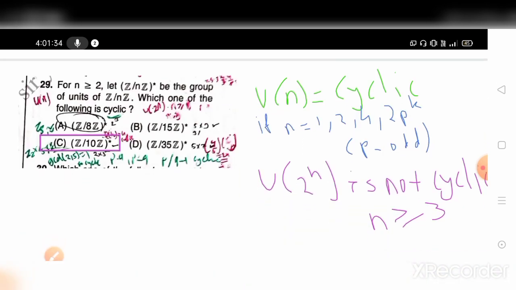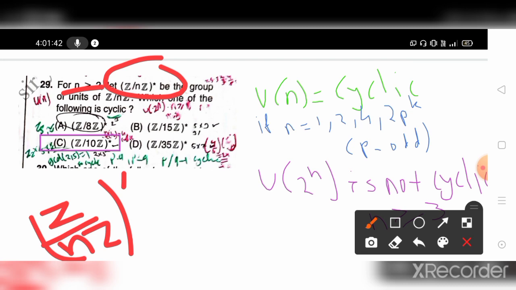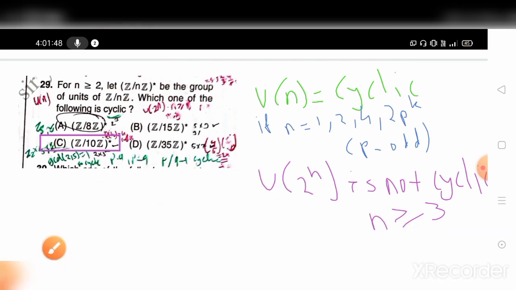Next question. For n greater than or equal to 2, let U(n) be the group of units of Z upon nZ. Which one of the following is cyclic? Here is one result: U(n) is cyclic if and only if n equals 1, 2, 4, p^k, or 2p^k, where p is an odd prime. Now check the options.